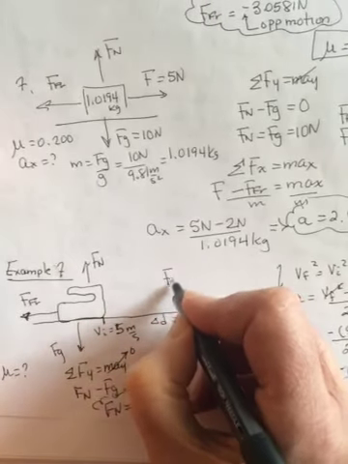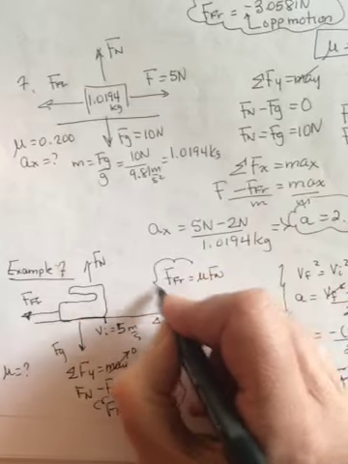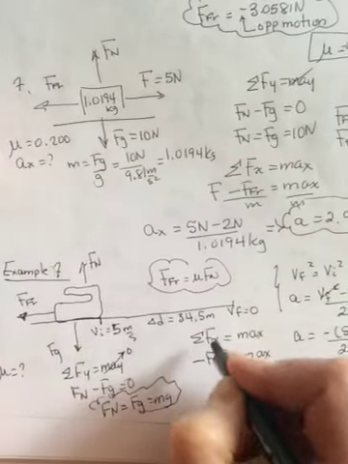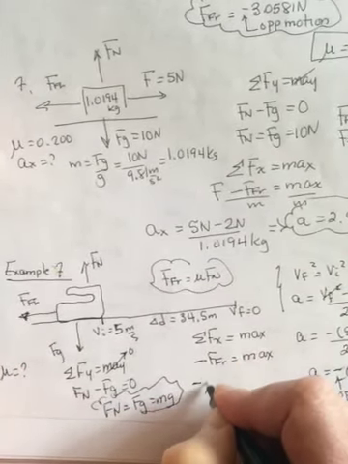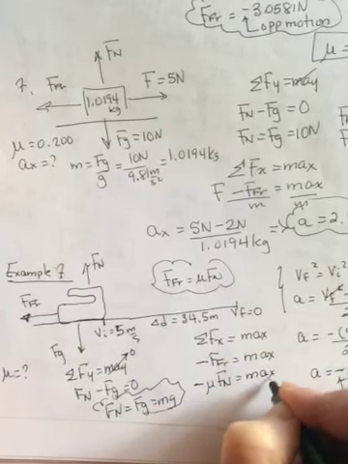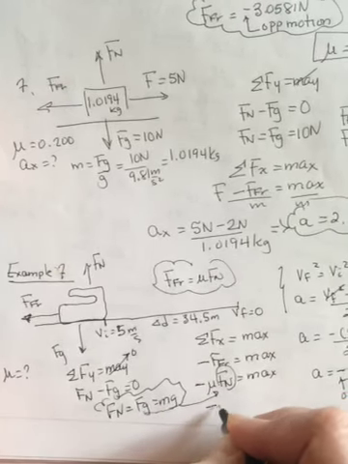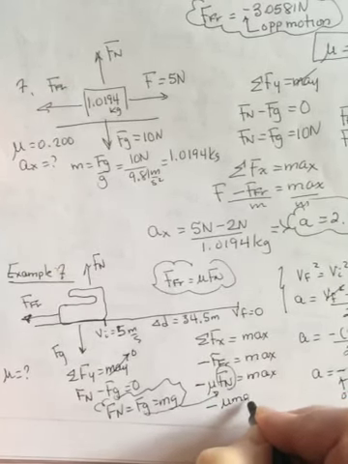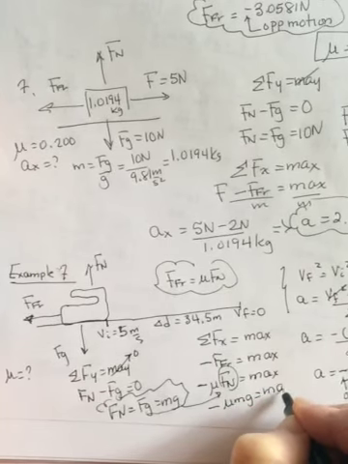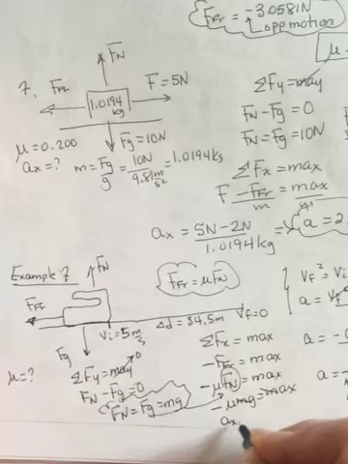But I do know that friction is equal to mu Fn. And so where friction is, I'm going to fill in mu Fn. So minus mu Fn is equal to max. And where Fn is, I can fill in mg. So negative mu mg equals max. And lo and behold, the m's cancel and I can solve for a.